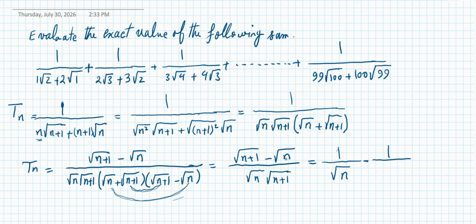For the second term, the square root of n would be cancelled. So a general term of this summation would be 1 over the square root of n minus 1 over the square root of n plus 1.